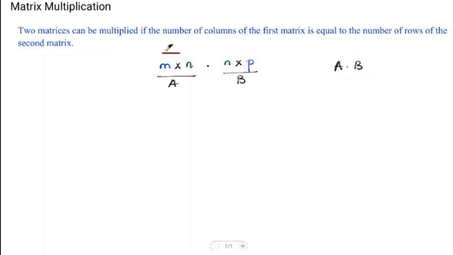This is the number of rows in matrix A and this is the number of columns in matrix A. And so is here, n is the number of rows and p is the number of columns. So if the number of columns of matrix A is equal to the number of rows of matrix B, if they both are equal, in that case we can multiply A times B here.